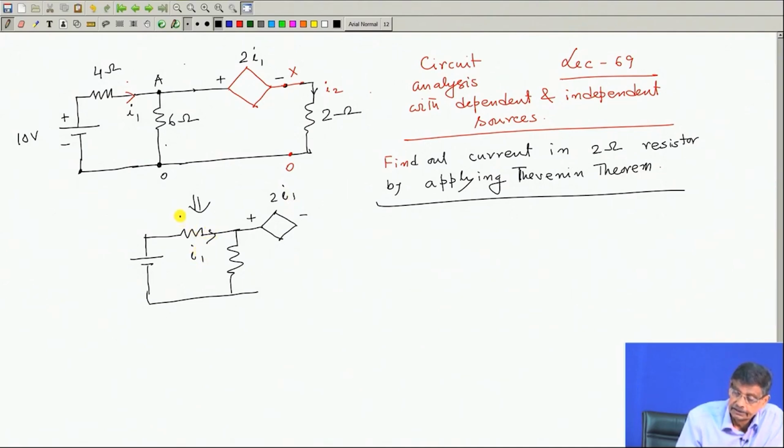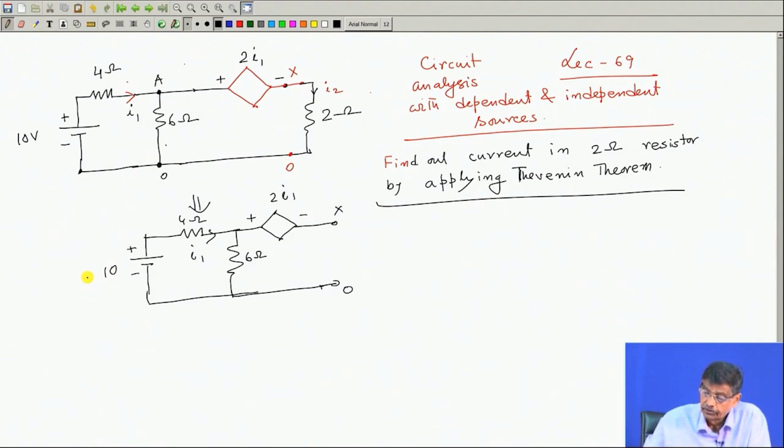This is the circuit, this is 4 ohm, this is 6 ohm. So, first remove this 2 ohm, this is the circuit, and these are the things given, 10 volt.